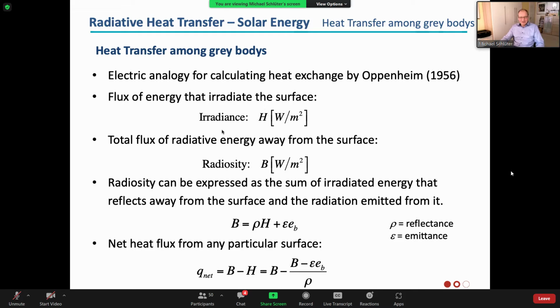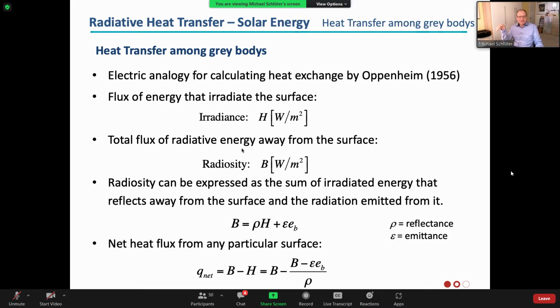So this is the energy that irradiates the surface, what hits the surface. This is H, and H is irradiance, in watt per square meter.